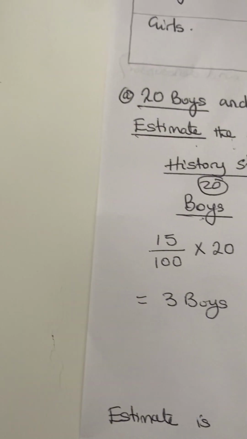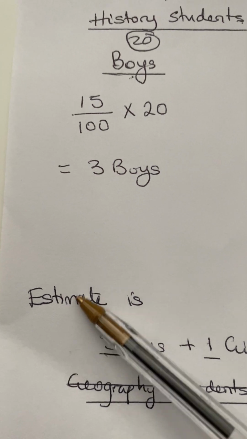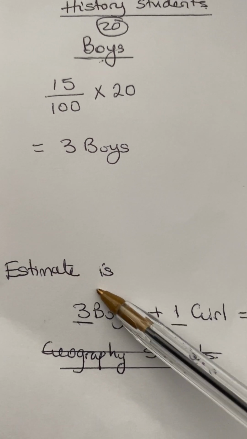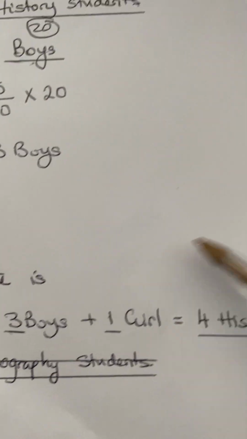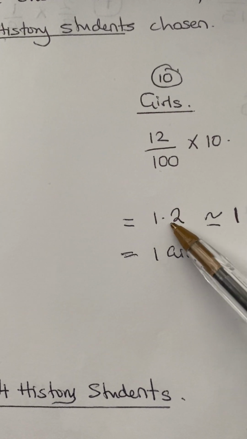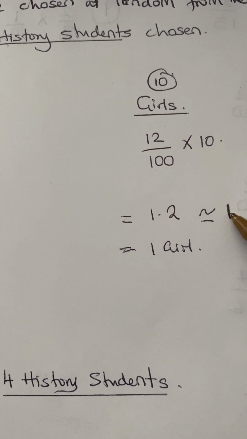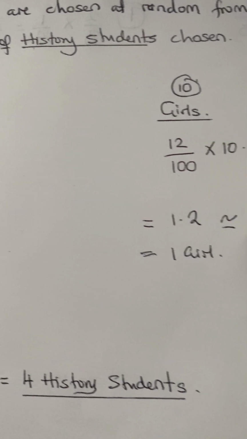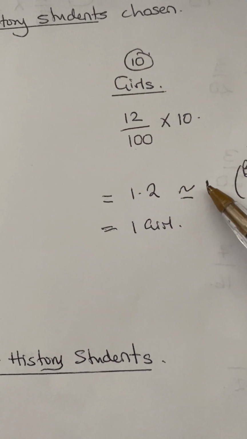Okay. So in total, to estimate, they said estimate. They are not saying the exact value. Even if they didn't say it, I should know that I can't have 1.2 girls. So I need to round it up or round it down. We have videos on this. Please help yourself.